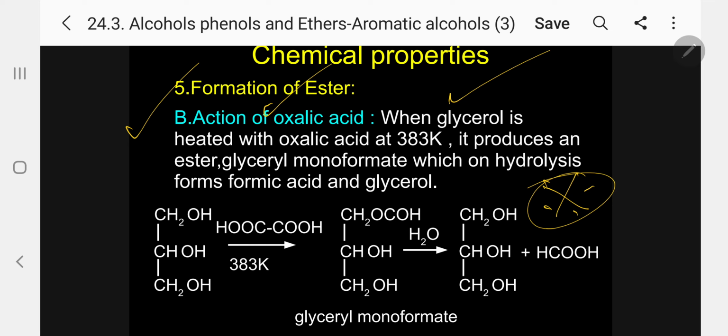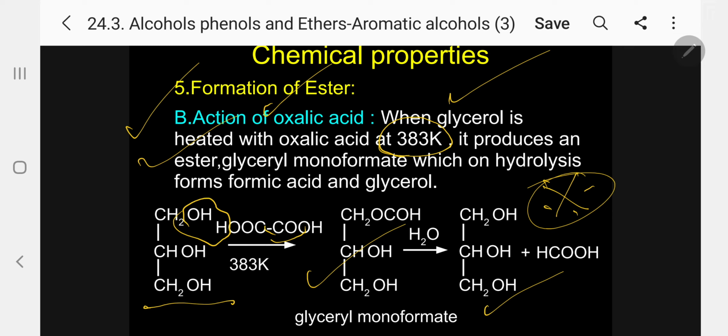When glycerol is heated with oxalic acid at 383 Kelvin, it produces an ester, glyceryl monoformate, which on hydrolysis forms formic acid and glycerol. So we treat glycerol with oxalic acid. Water is eliminated, and correspondingly carbon dioxide goes out. Now glyceryl monoformate is formed.